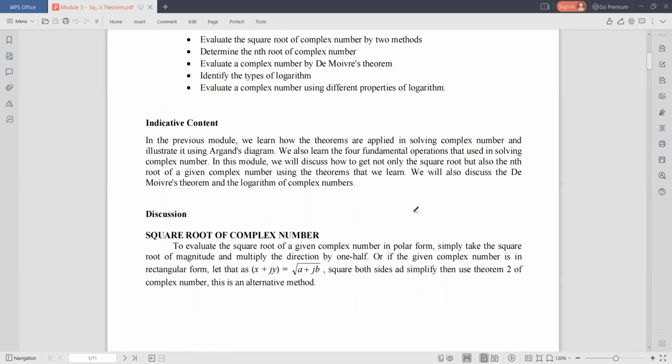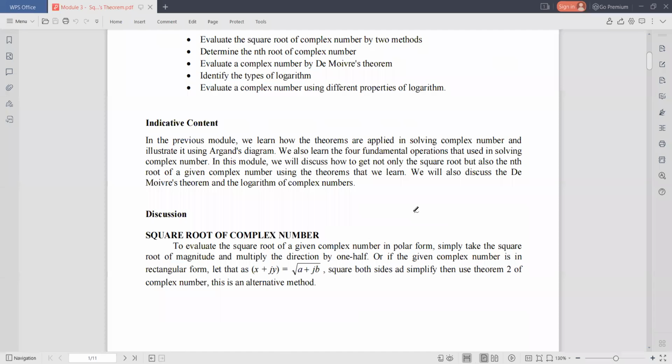So we identify the forms of complex numbers and how to convert, as well as the operations of complex numbers and how to add, subtract, multiply, and divide with some specific rules. So review muna tayo.